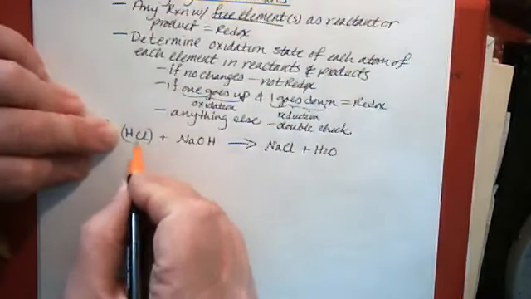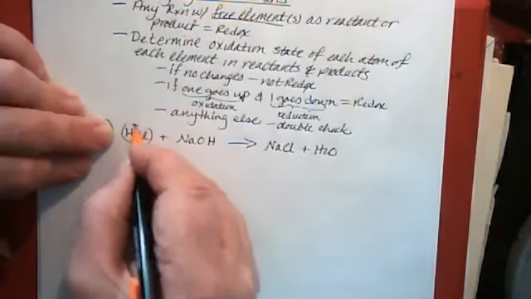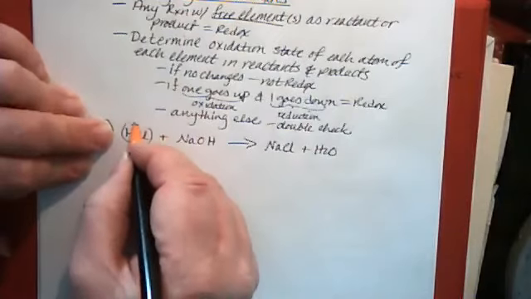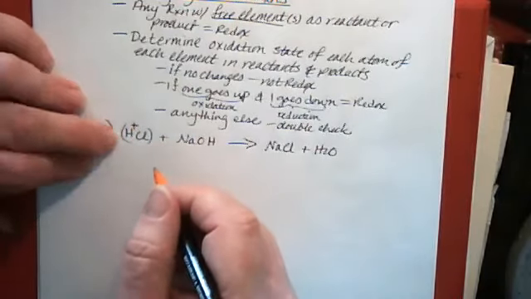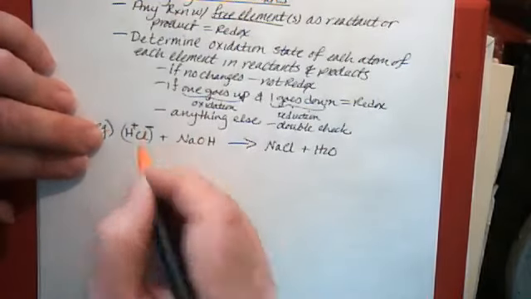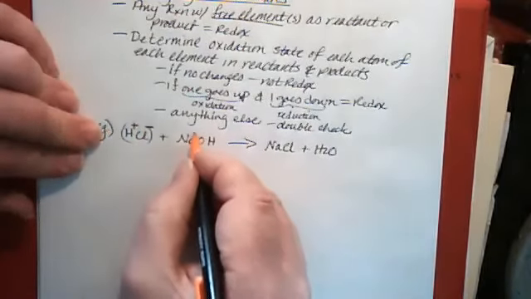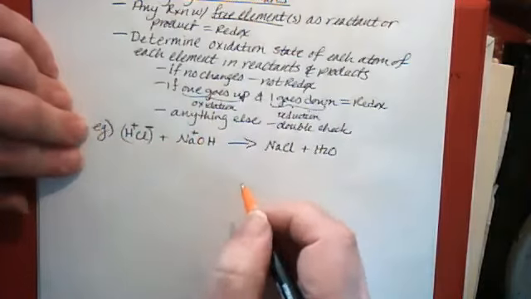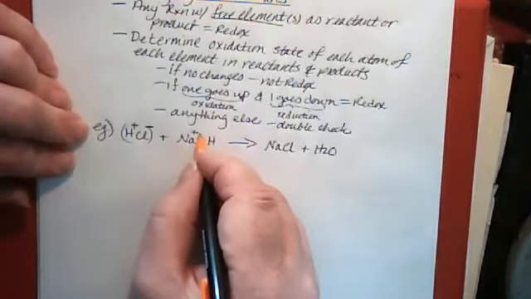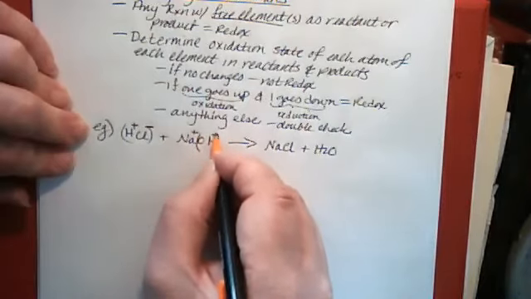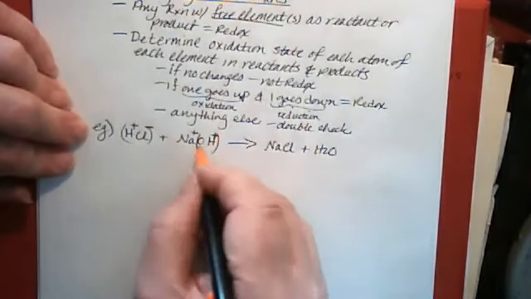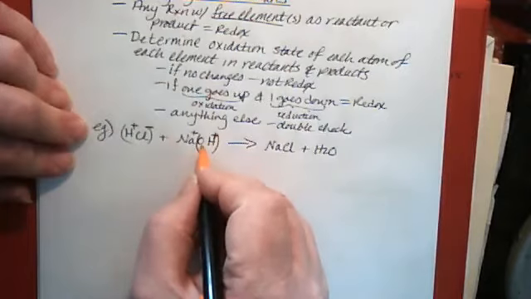hydrogen with a nonmetal like chlorine is always going to be +1, and chlorine with anything that's less electronegative, like hydrogen, will always be -1. Sodium will always be +1 in its compounds. Hydrogen will always be +1 when it's with nonmetals like oxygen.